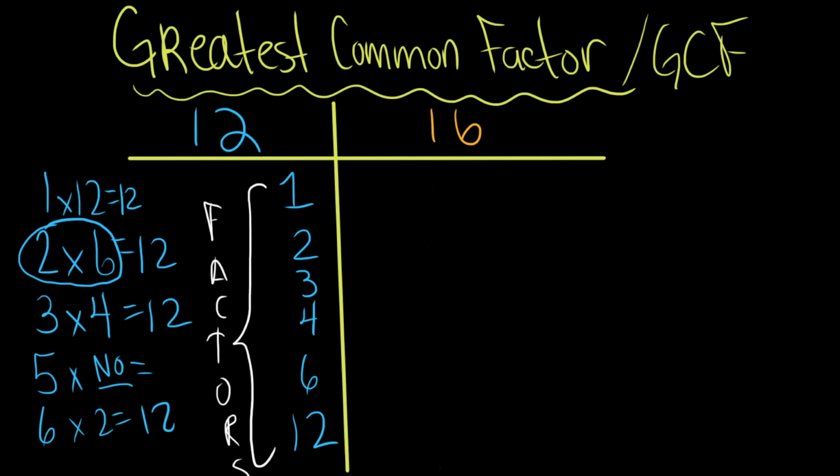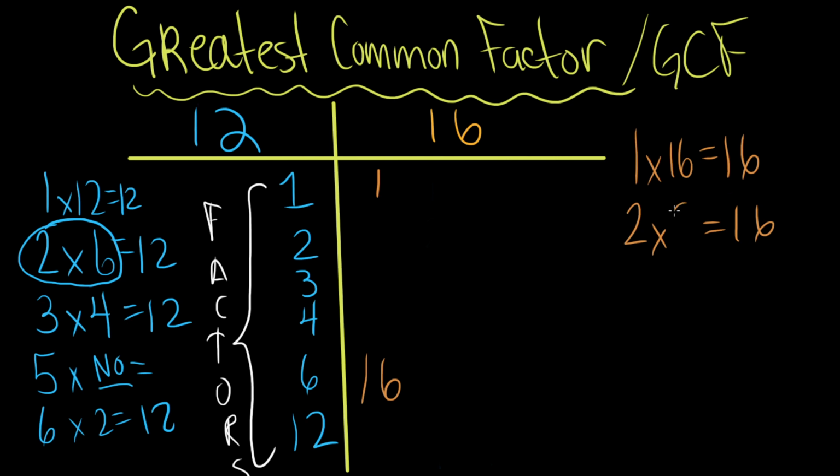Okay, let's go to 16 now. And we're going to do the same thing. We're going to start with 1, and we're going to say, well, I know 1 times 16 is 16. So 1 and 16 are factors of 16. Does 2 times something equal 16?